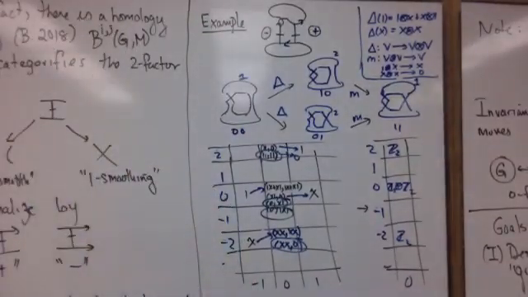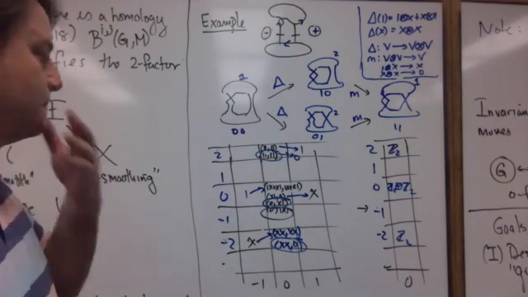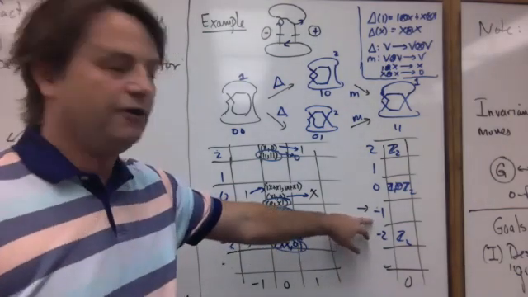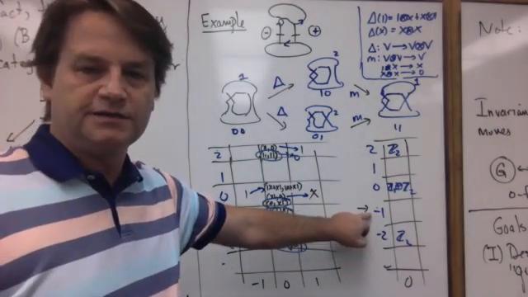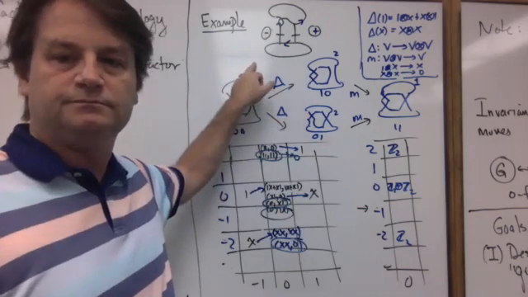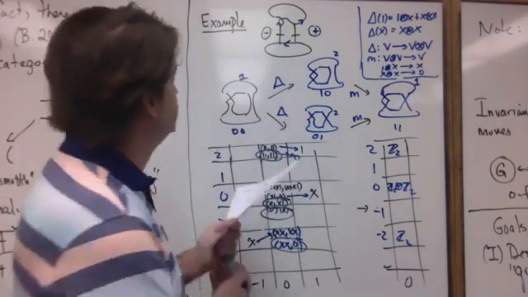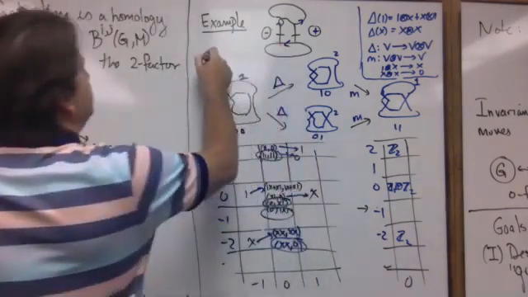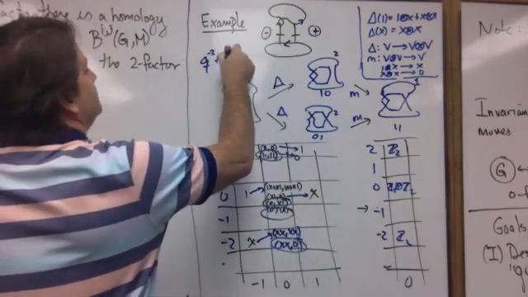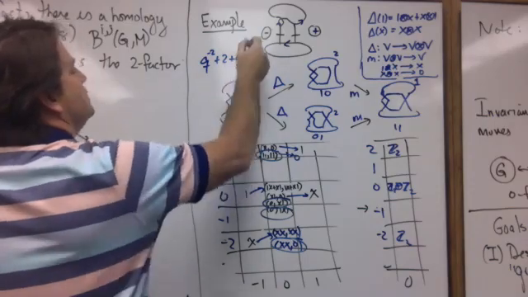All right. But if you look at that carefully enough, the graded Euler characteristic of this is the 2-factor polynomial for that. And if you check, for example, the 2-factor polynomial of this would be q to the minus 2 plus 2 plus q squared.